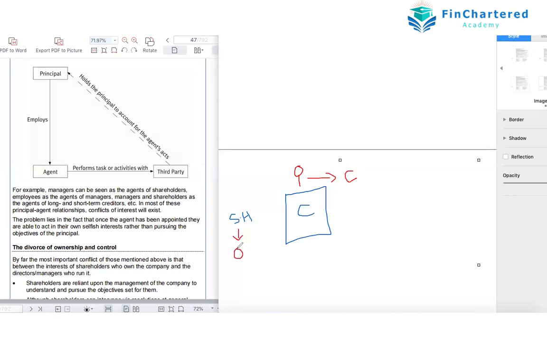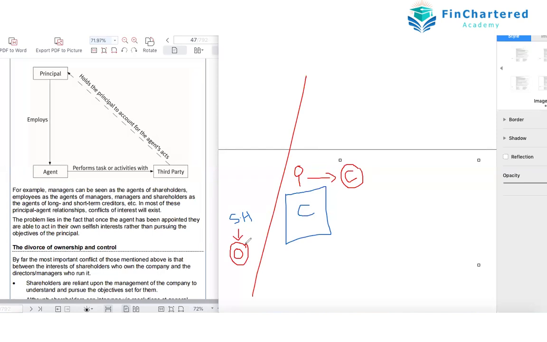Now, the person who controls the company is not the same as the person who owns the company. There is a separation between them. The one controlling the company and the one owning the company are separate. That's why we are using the word divorce.